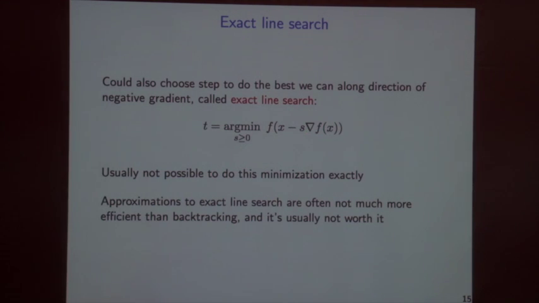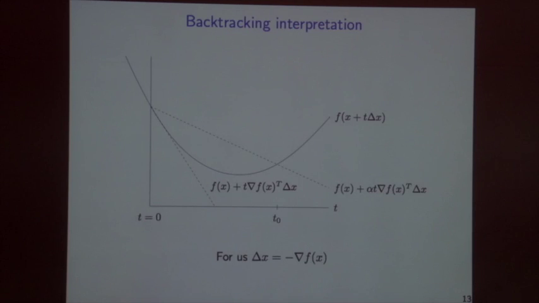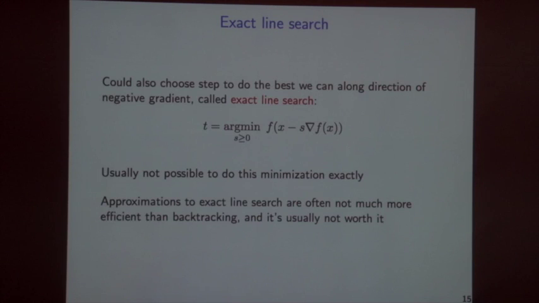The problem is that most of the time you just can't do that analytically, and if you approximate it, in practice you're not gaining that much as opposed to performing backtracking line search.